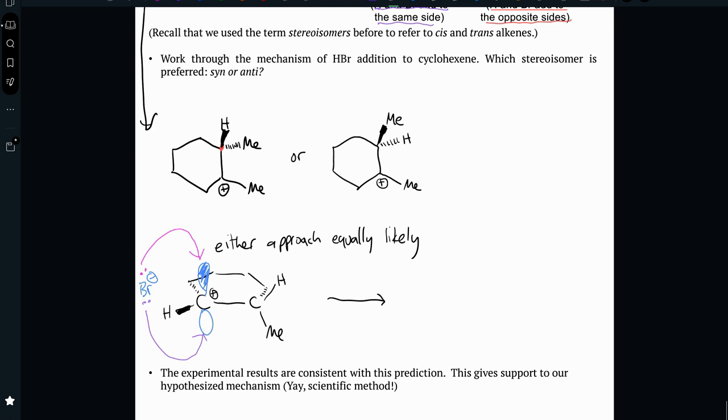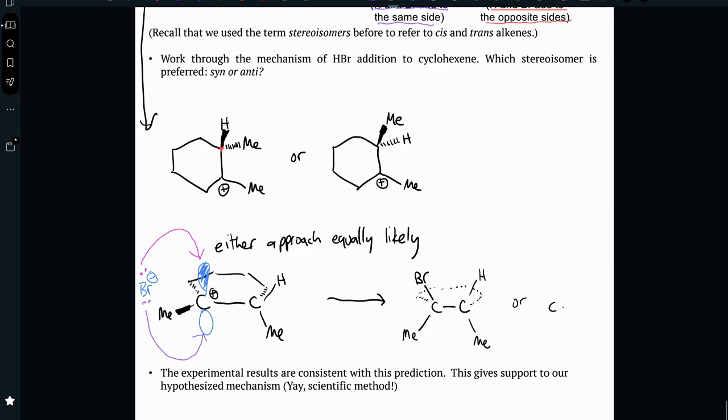So I could have a product where bromine attacks from above and ends up here. Oh, I accidentally drew a hydrogen here when that was a methyl group. I apologize for that. I'm just going to draw the ring as like a dotted line here. So if bromine attacks from above, then my bromine and my hydrogen end up on the same side.